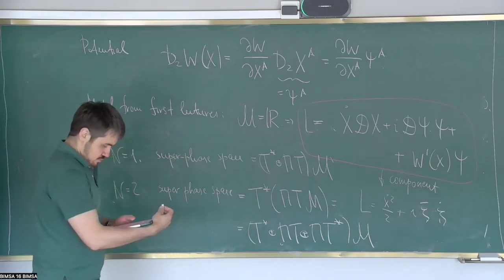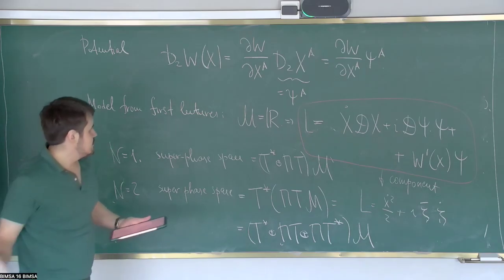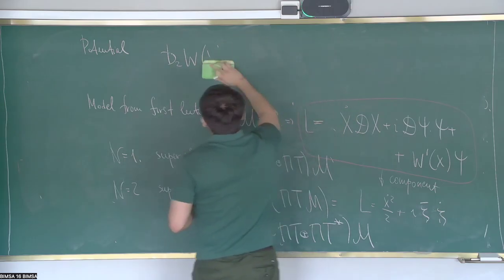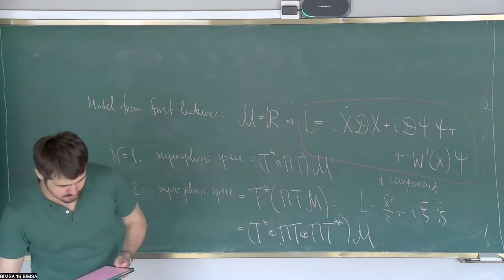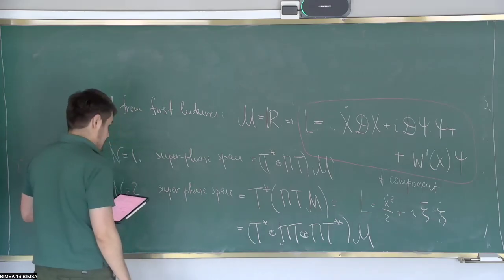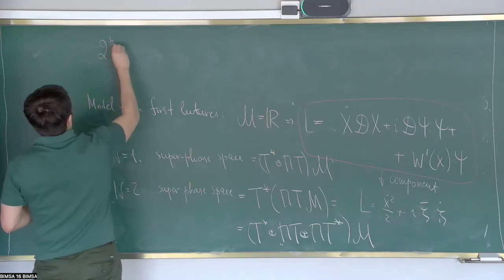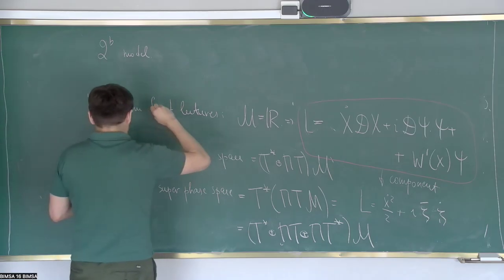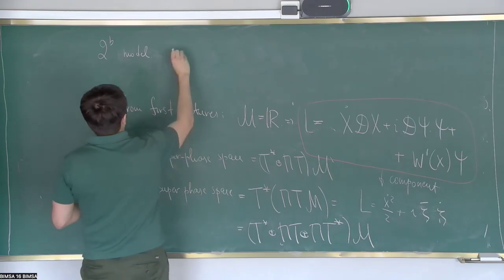Okay, and next time I think we will study the 2B model. The 2B model would be a sigma model with chiral fields.